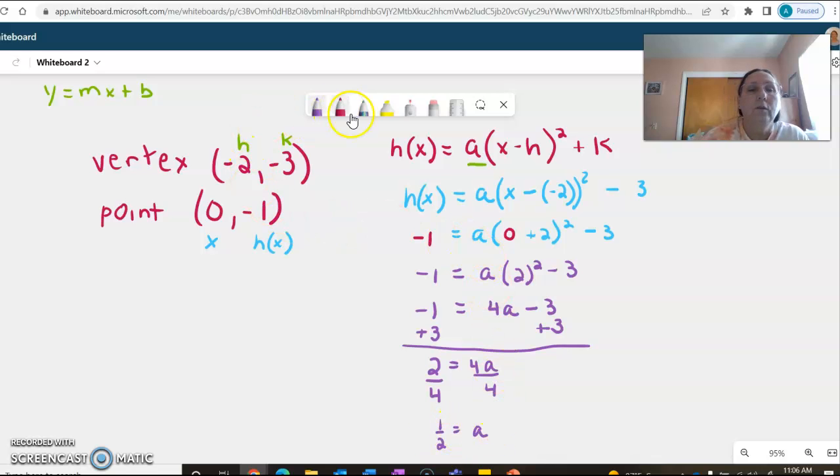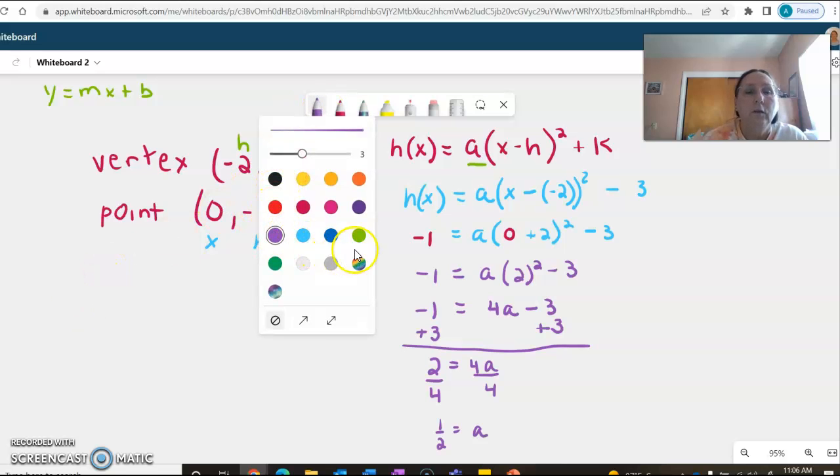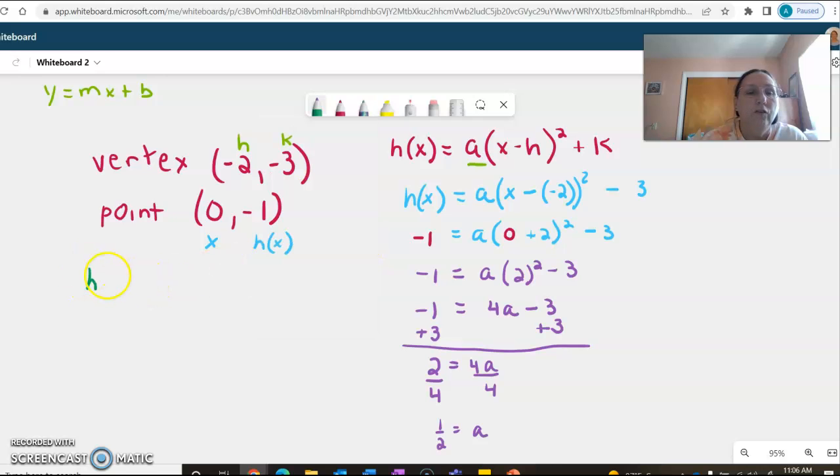So now I'm going to go back to my equation. Okay, over here, my equation, I'm going to change colors again. Dark green. Okay, so I have H of X equals 1/2 X minus, it becomes plus, we're going to use this right here, plus 2 quantity squared minus 3.